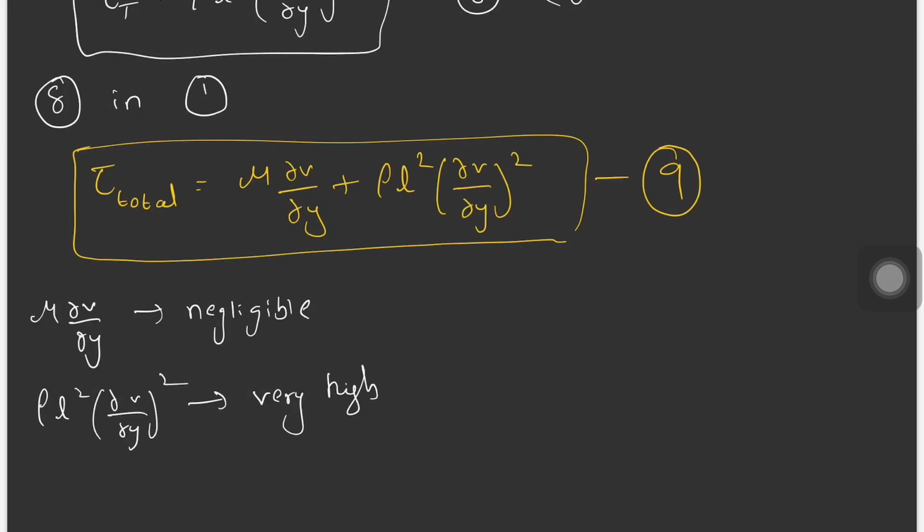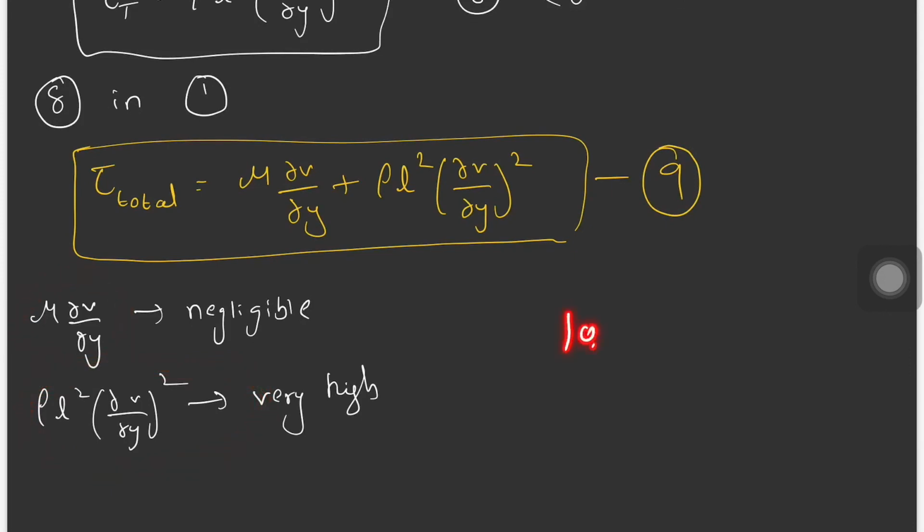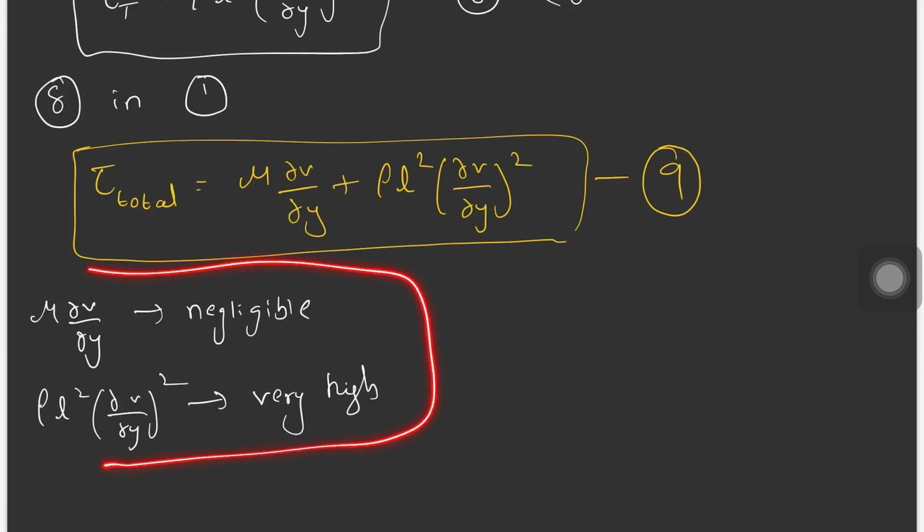For example, if this value is 10,000 and this value is 1, the final sum will be 10,001, which means we can write it as 10,000. There is no need to add that 1 also. The values in our day-to-day turbulent flow will be that much high.